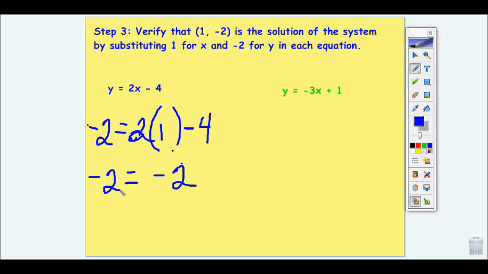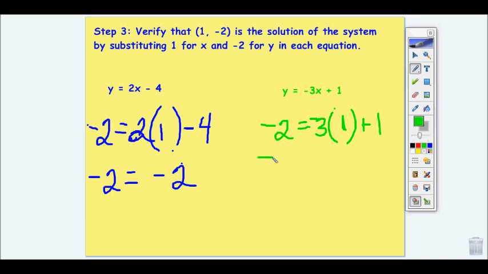Now, for it to be the solution to the system, that same point, 1, negative 2, needs to also satisfy the green equation. So let's try it here. Substitute in y, which is negative 2, equals negative 3 times my x value, which is 1, plus 1.